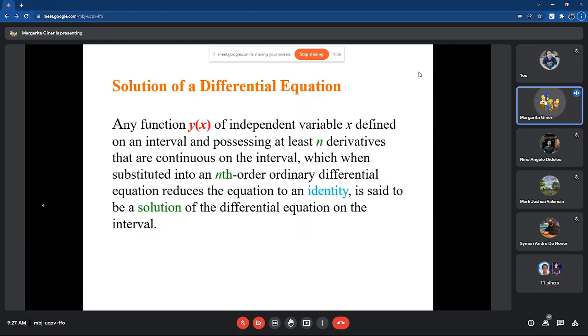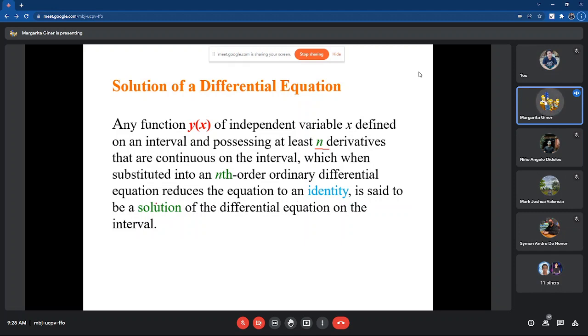Okay, solution of differential equation. Any function y(x) of independent variable x defined on an interval and possessing at least n derivatives, this represents any number of derivatives. Maybe you say second derivative, third derivative, fourth derivative. So it depends upon what is the derivative that are continuous on the interval, which when substituted into an nth order ordinary differential equation reduces the equation to an identity.